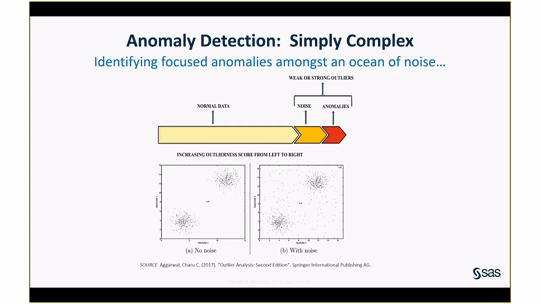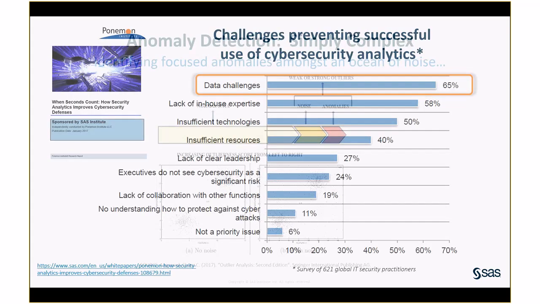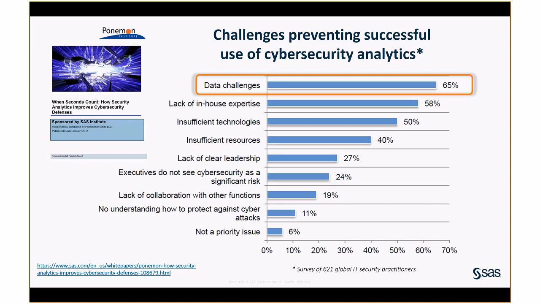It's trying to look through an ocean of noise and extract out very targeted anomalies from that highly complex, noisy data. When we talk about the effort to do that, most organizations who are attempting to utilize advanced analytics in an operational environment report that data challenges are the number one headache that they experience.